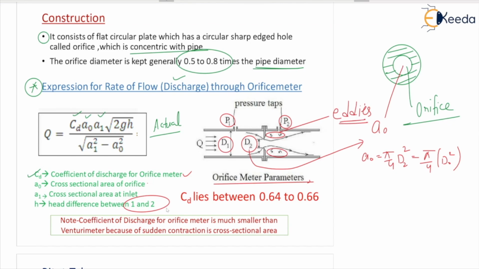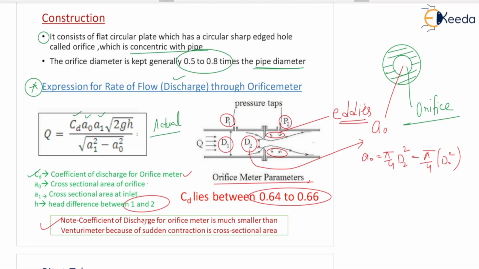So what is the value of CD? CD lies between 0.64 and 0.66 for the orifice meter. But it is very much less compared to the venturi meter. Why? Look at the note.